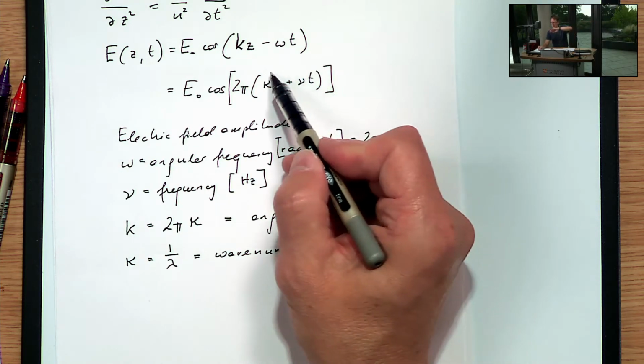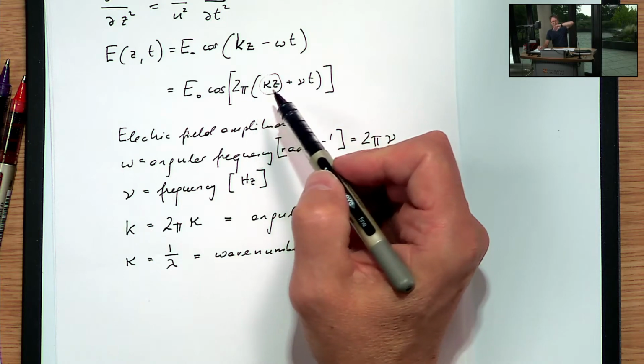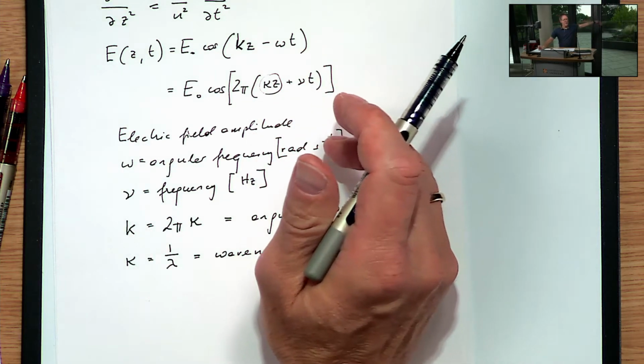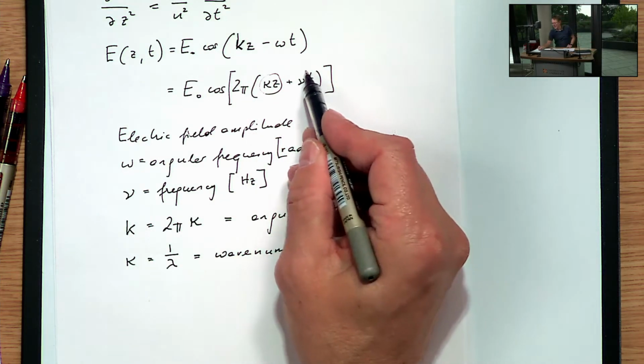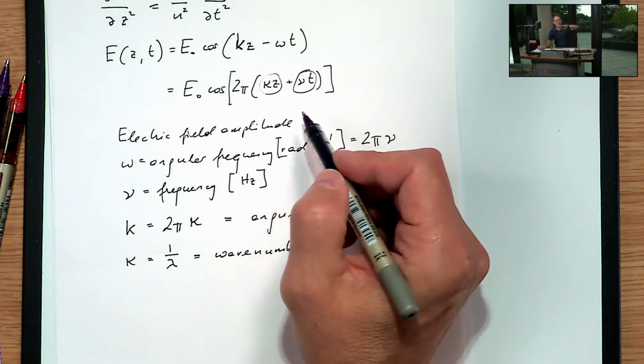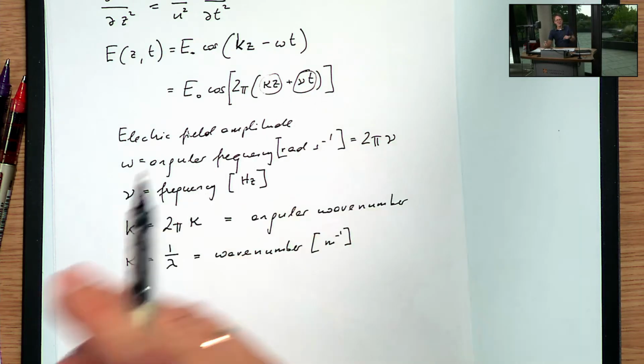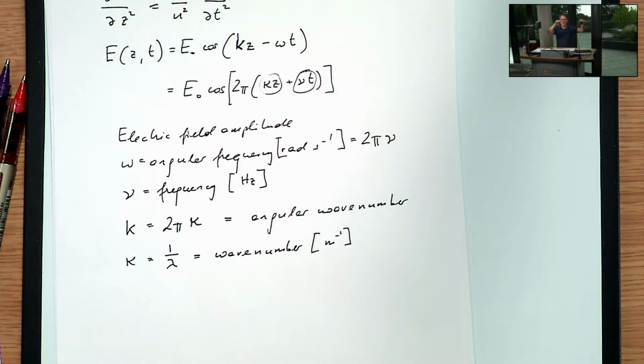So this essentially tells you how the electric field varies in space, and this term here tells you how quickly it varies in time. So if the light wave comes across, and I'm looking at the field at a particular point, then it will vary at a frequency nu in time.